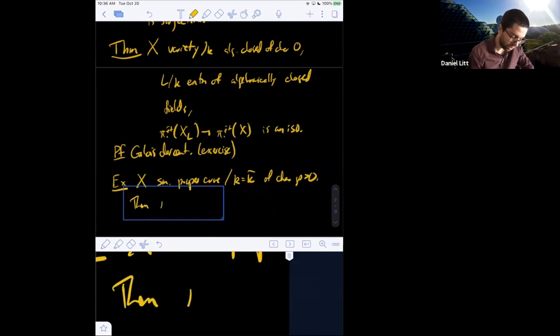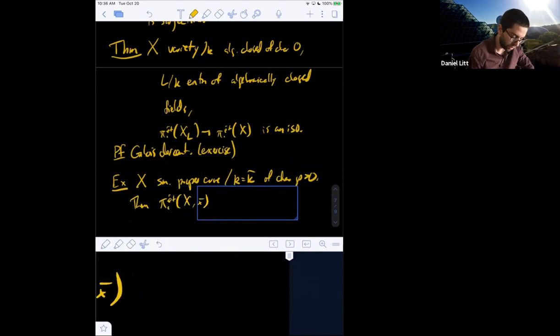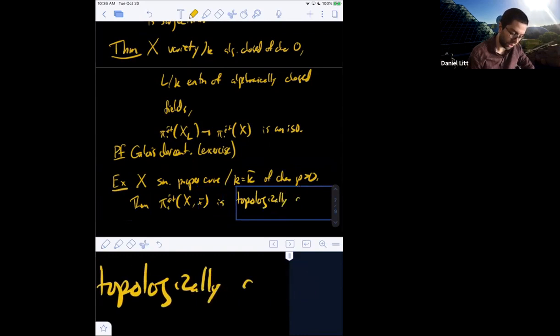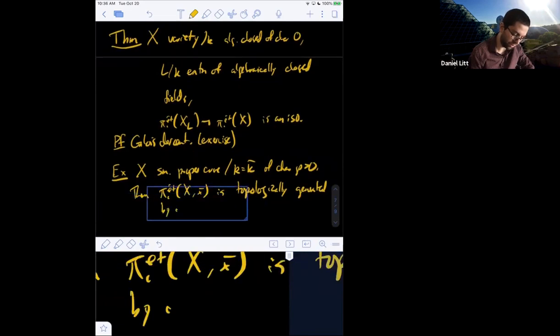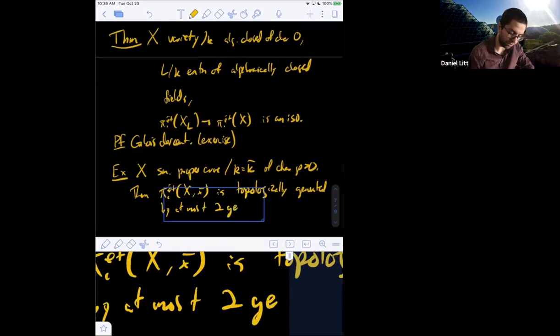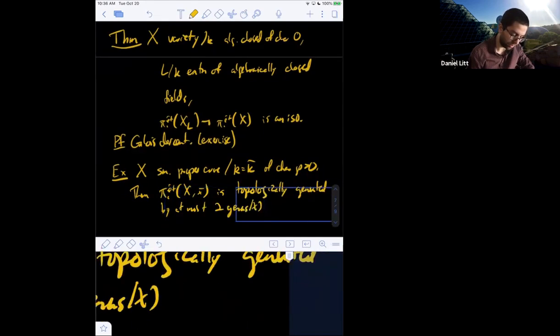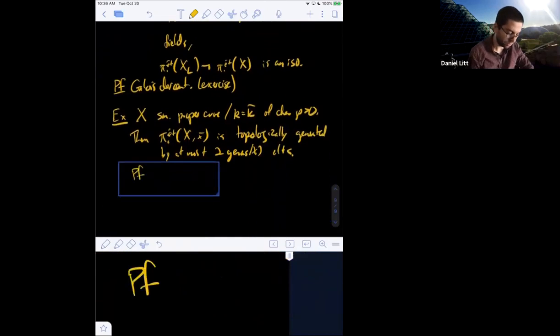Then the étale pi1 of X with any base point is topologically generated by at most 2G elements, 2 times the genus of X. So can anyone tell me why this is true? We now have enough to prove this fact.